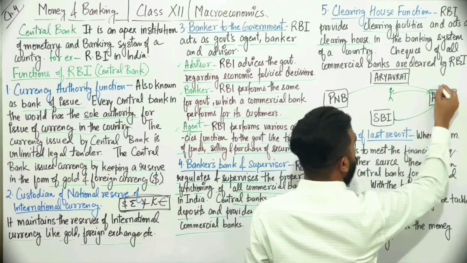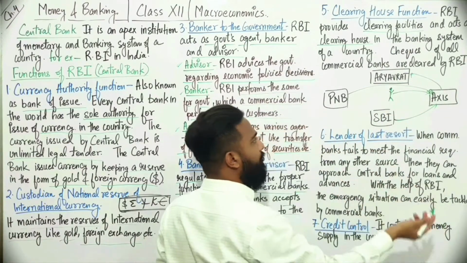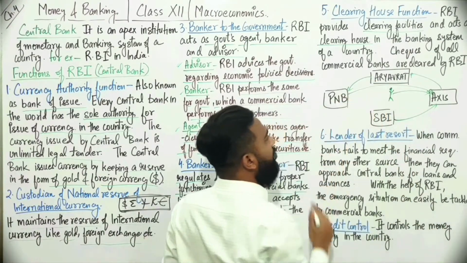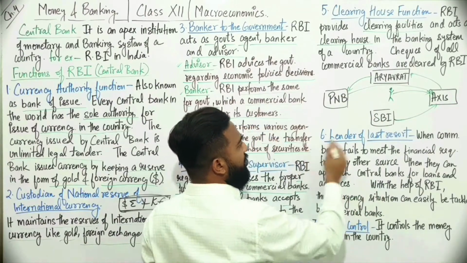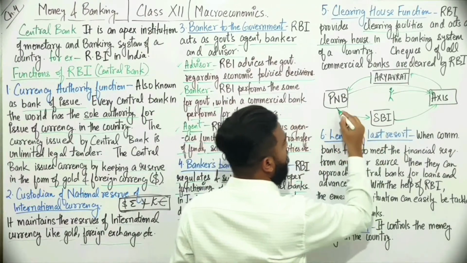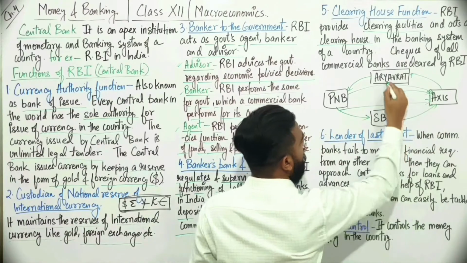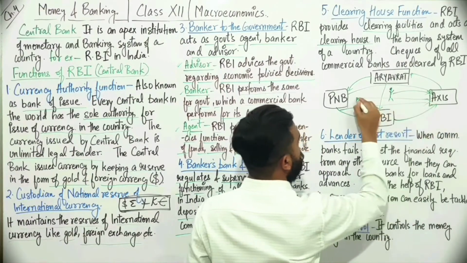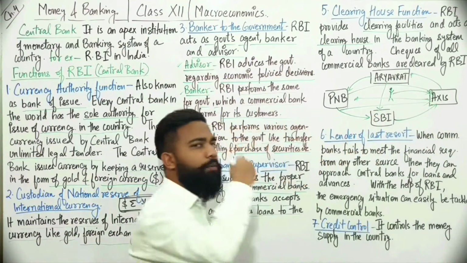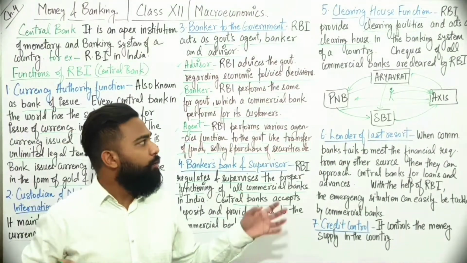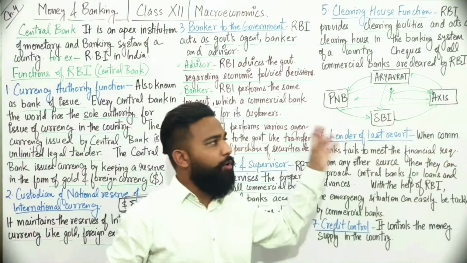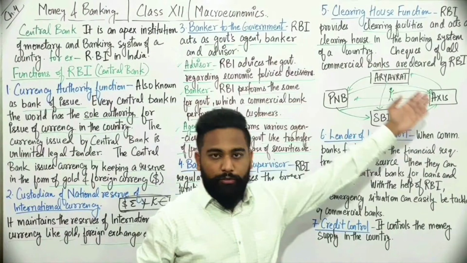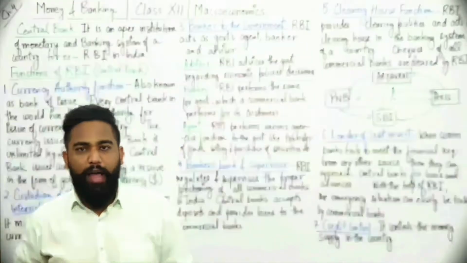Now Axis will also do some transaction to Aryavrat Bank, or Aryavrat will do some transaction in PNB, then again PNB to SBI, again PNB to Axis, Aryavrat to SBI, Axis to PNB, and there are so many banks in our country whose checks are going from one bank to another bank.